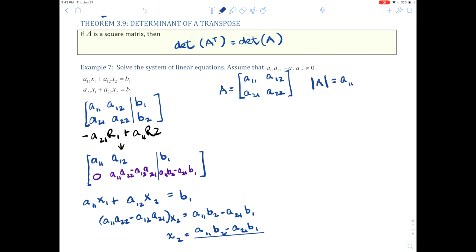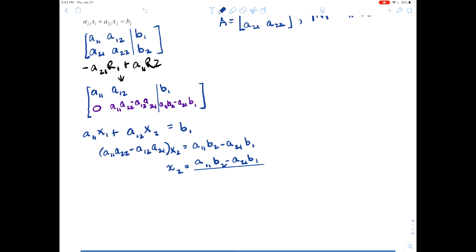Beautiful. A11 A22 minus A12 A21, right? Well, isn't that what we have on this left side here? So here we're really dividing by the determinant of the coefficient matrix. So these are equivalent.